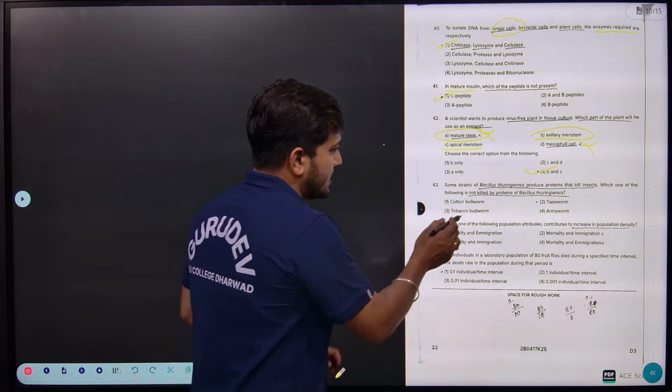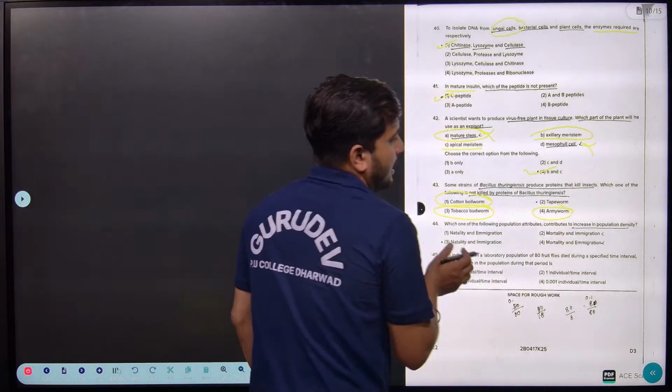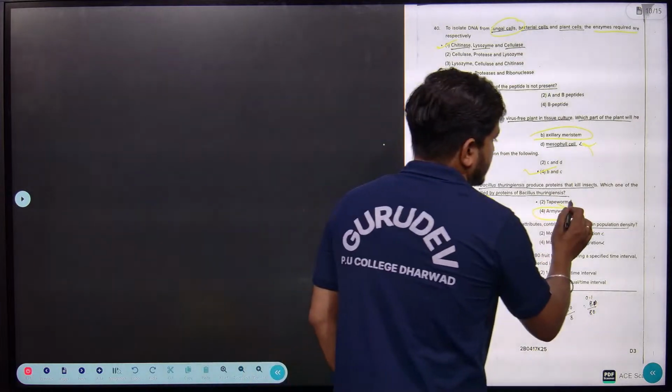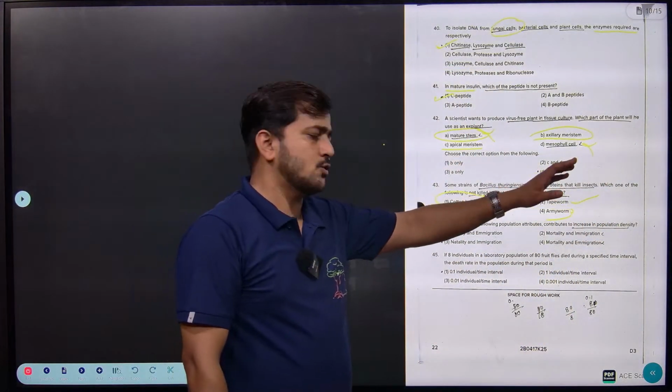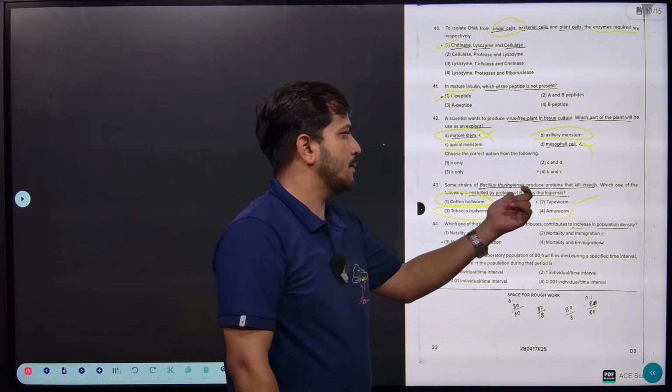Here cotton bollworm, tobacco budworm and armyworm are examples of lepidopterans, right. The tapeworm is related majorly to humans, or even to animals. So this cannot be killed by Bacillus thuringiensis, right.